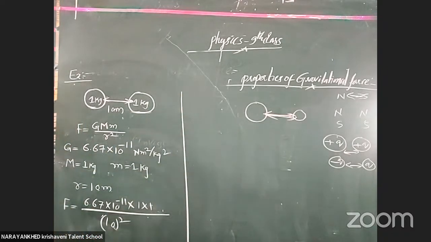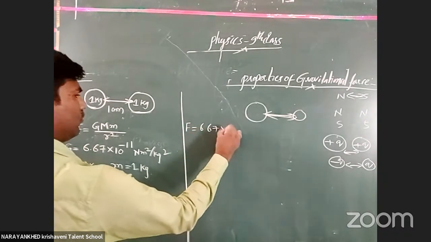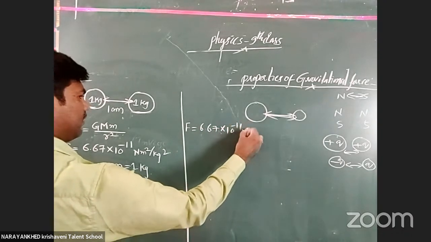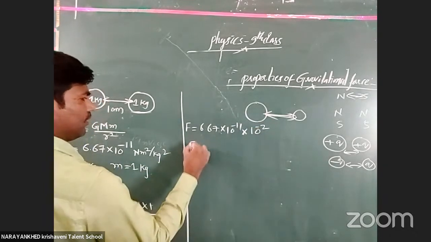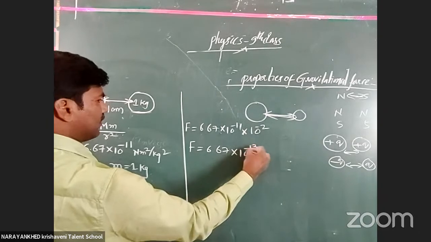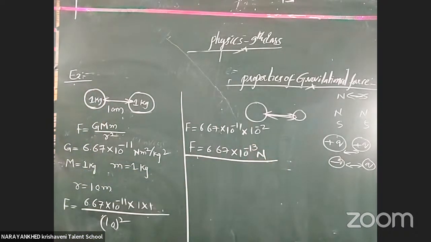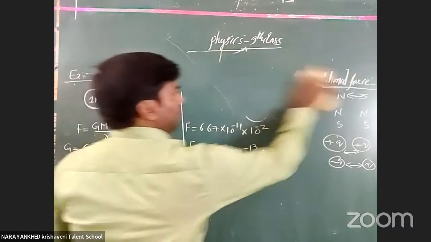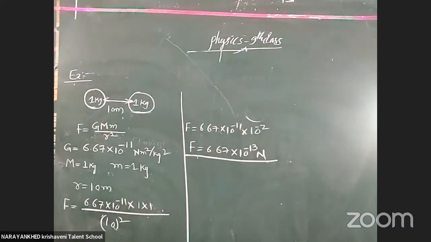Got it? Now F is equal to 6.67 into 10 to the power of minus 11 by 10 square, which becomes 6.67 into 10 to the power of minus 13 newtons. Please note down.